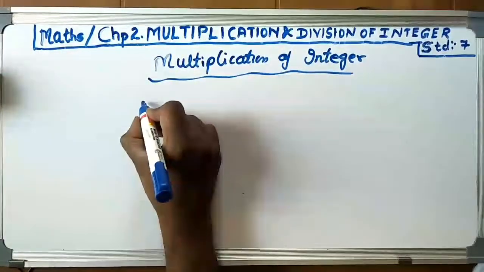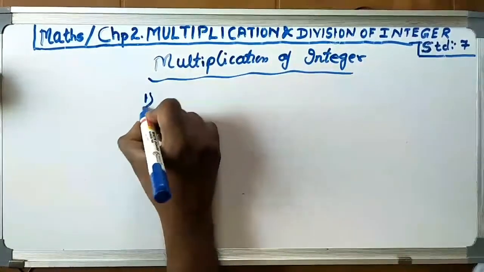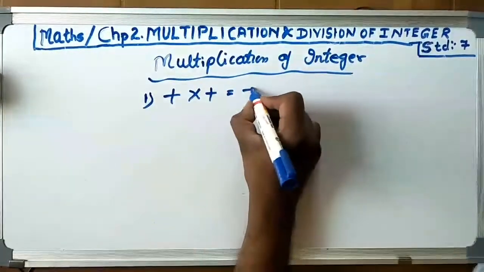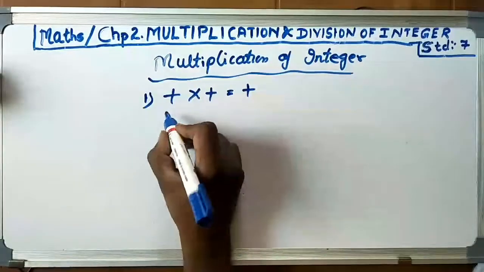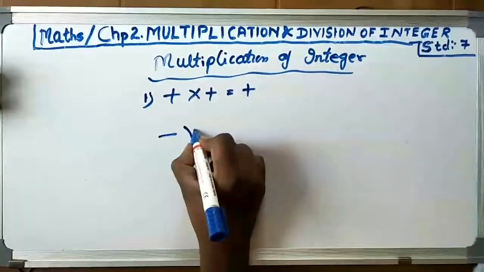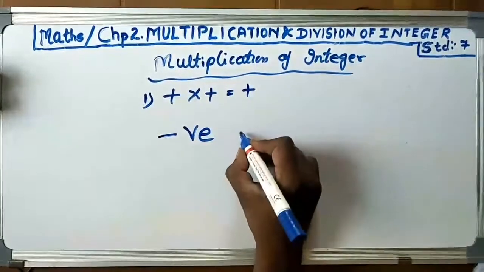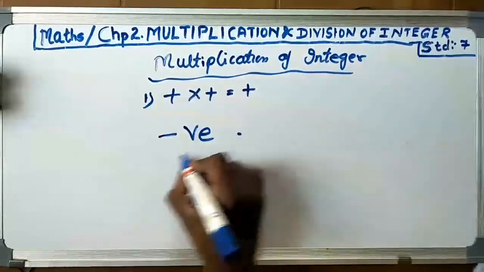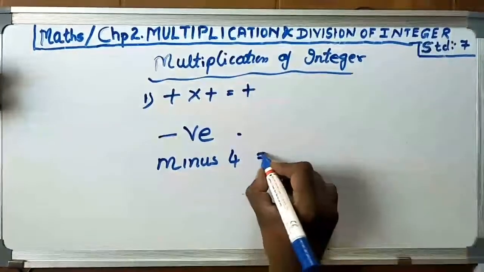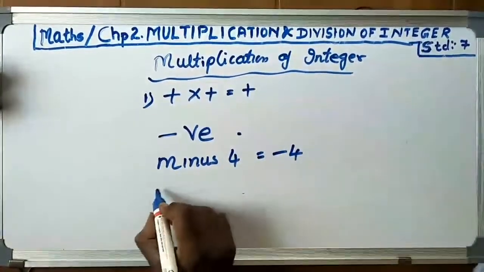Let us solve the first sum. The first rule is plus into plus is equal to plus. Before this, let me tell you one thing. If a negative sign is written, let's say minus 4, you write it in this way.